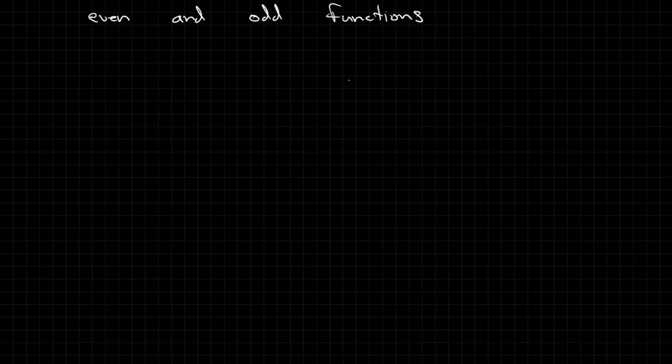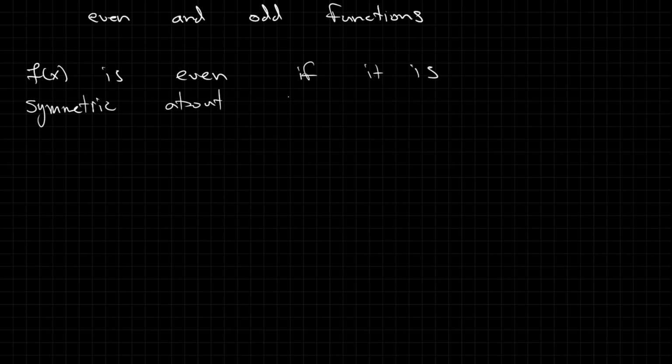Now that we've discussed reflections of functions, we're going to talk about specific types of functions whose reflections have particular properties. So we'll call a function even, so f of x is even, if it is symmetric about the y-axis.